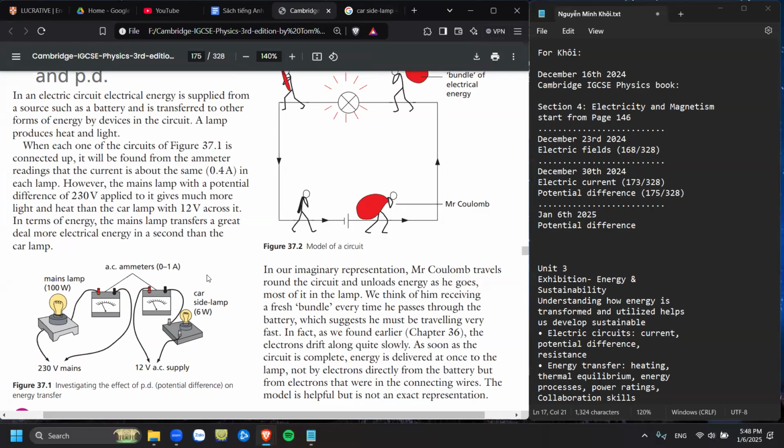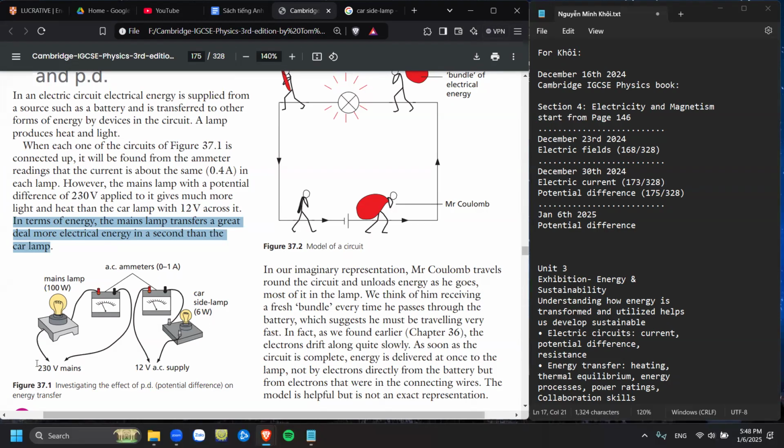And of course, this one is connected to an ammeter, so it's like another circuit here. If you compare the two, the left and the right one, in terms of energy, the main lamp transfers a great deal more electrical energy in a second than the car lamp.